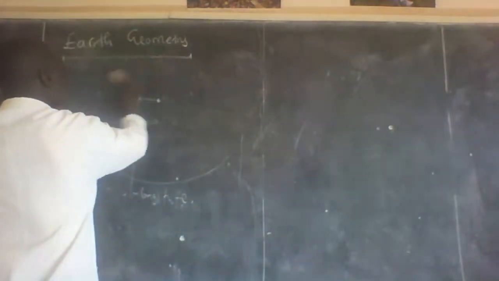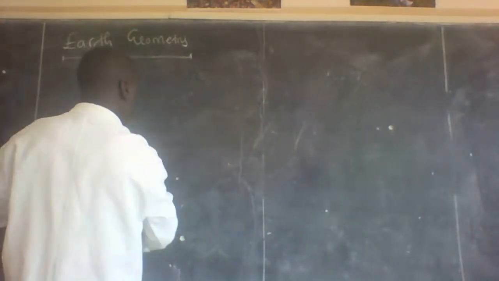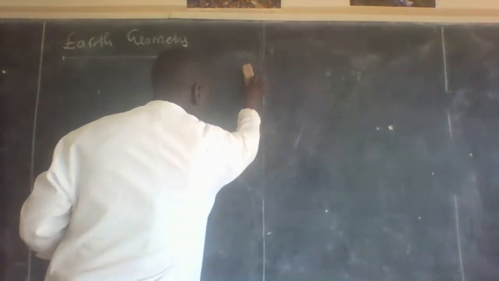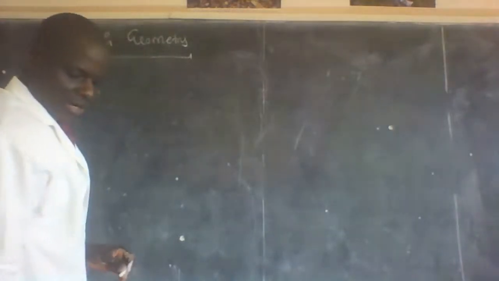So let's go to point location. How do you locate a point on the Earth's crust, or on the globe?